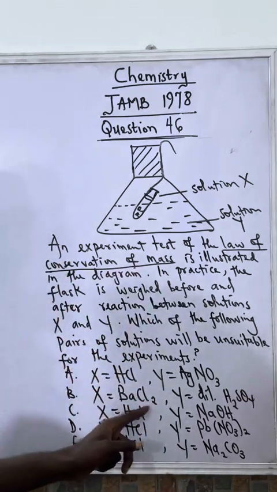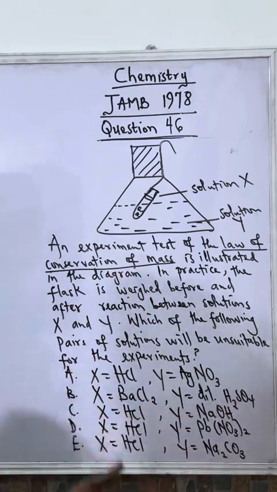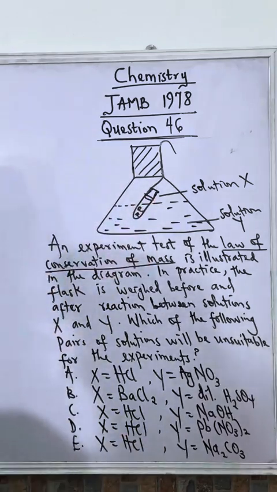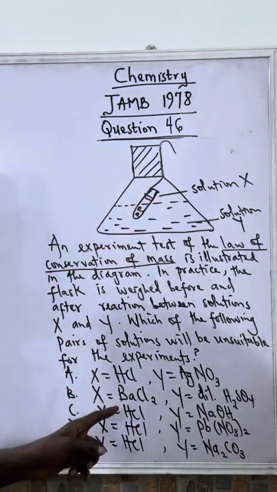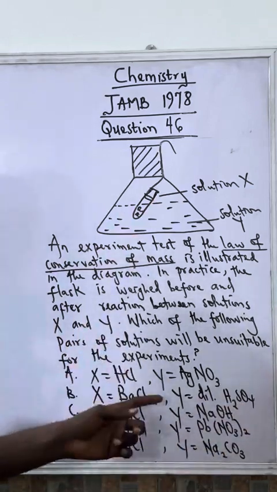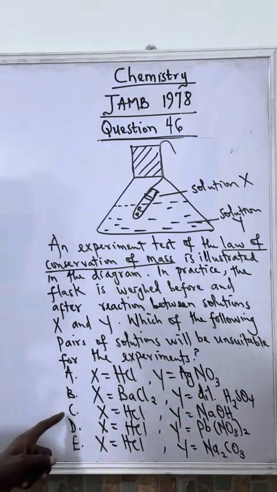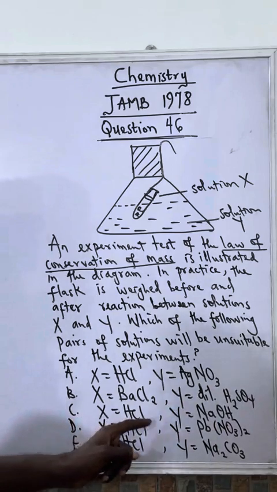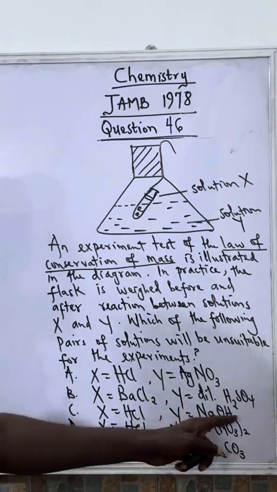Consider option B, barium chloride and dilute H2SO4. This combination too will not lead to any loss of mass, because this will produce barium sulfate and hydrochloric acid. So let's go to the next one, which is hydrochloric acid reacting with sodium hydroxide.